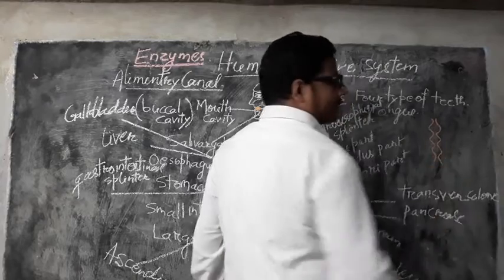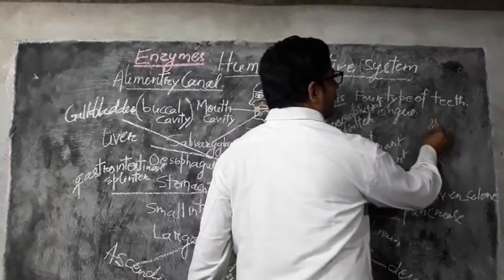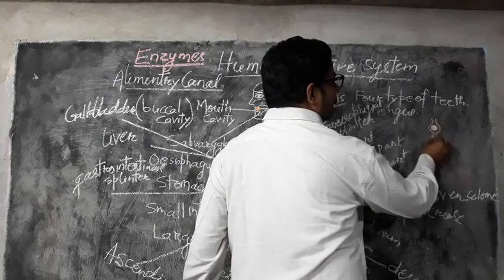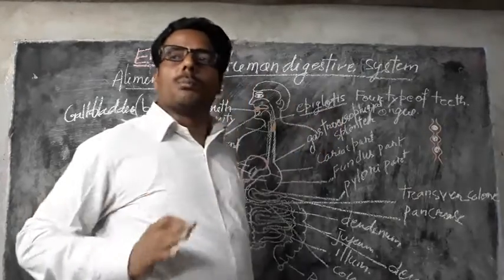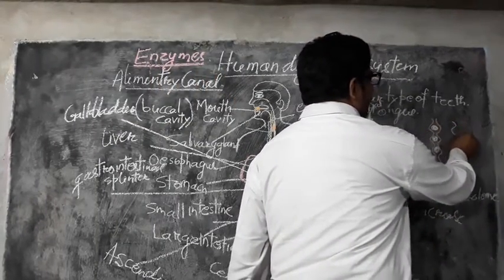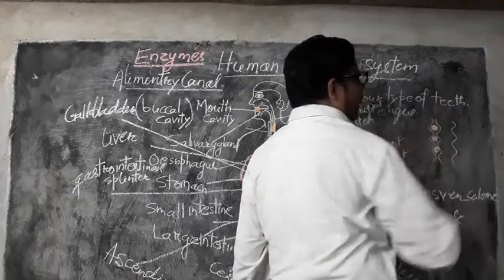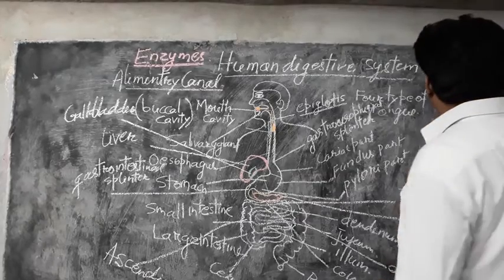The inner linings associated with the food swell up, and it forms a wave-like movement. A wave-like movement gets created in the esophagus. This wave-like movement is called the peristalsis movement.